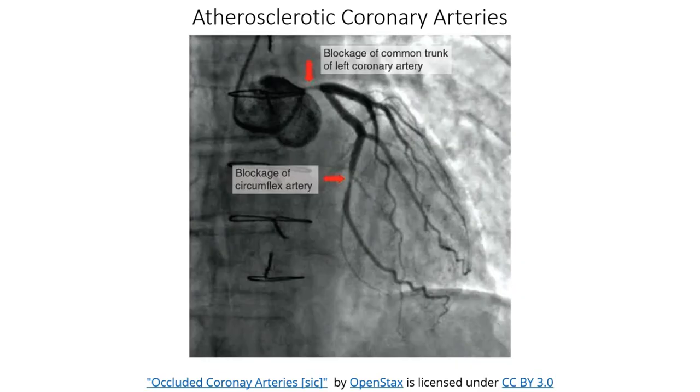So individuals with coronary artery disease, which is all of these blockages, can sometimes have pain radiating out of the chest, which is called angina. Some people are going to be completely asymptomatic, and if this is left untreated, it will lead to something called a myocardial infarction, which is the medical term for a heart attack.